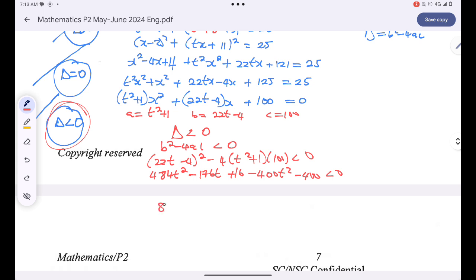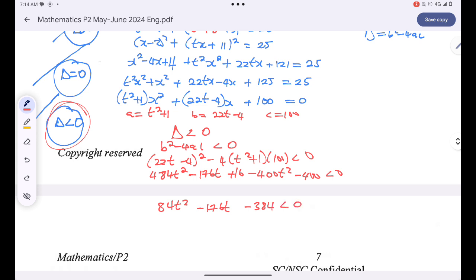Okay, I'll simply be left with 84t squared minus 176t, and then 16 minus 400, this will give me a negative 384 being less than 0.